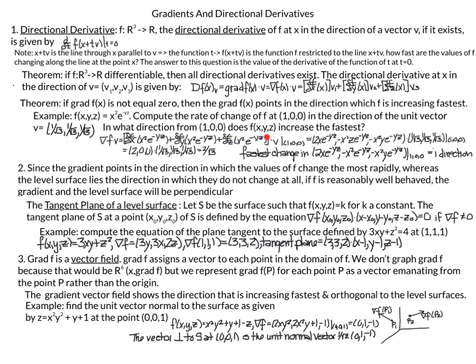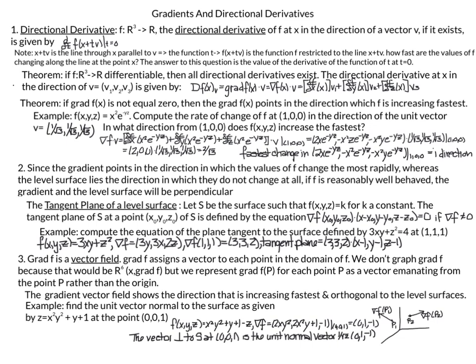And then the derivative with respect to z: again, x squared is a constant, so we bring down the y, and I have minus x squared y e to the minus yz. And we need to dot it with v, which is 1 over square root of 3, 1 over square root of 3, 1 over square root of 3. And we need to evaluate our gradient at x, where x is equal to 1, 0, 0.